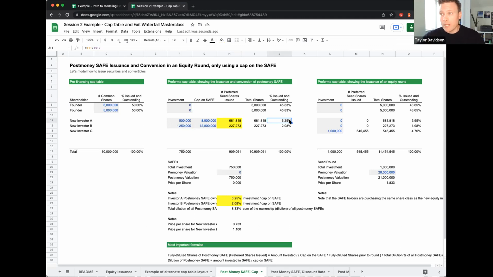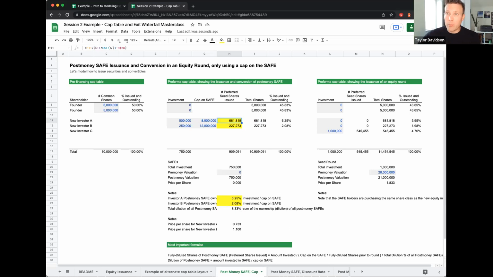The reason for that is, even if the caps are different, in the math you calculate the dilutive effect of each note and then the total dilution of all the post-money safes. Back to the same calculation: the amount invested divided by the share price, and the share price is the cap divided by the number of shares, divided by 1 minus the total dilution.